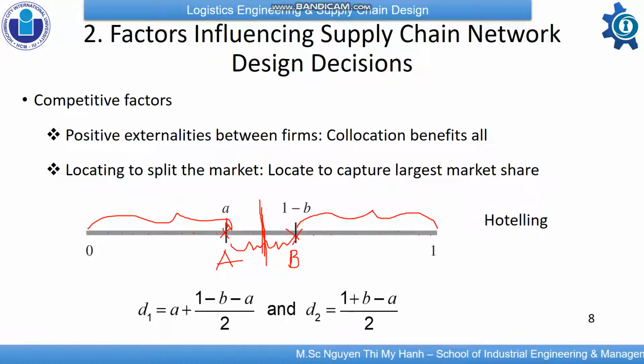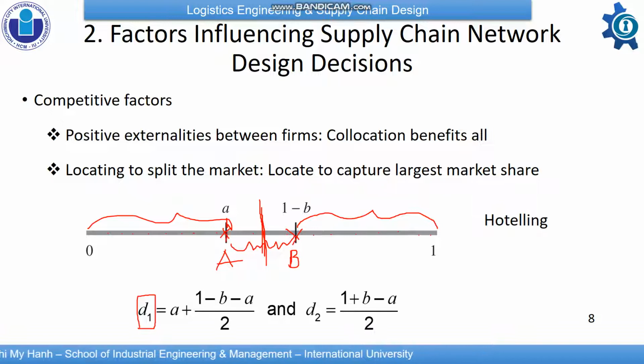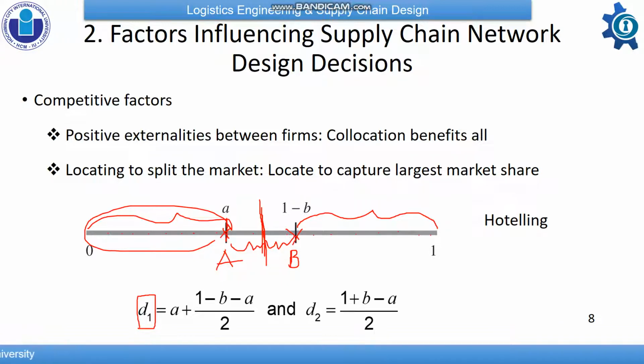and the total demand of company A is equal to this area A, plus half of this area, that is (1 minus B minus A) divided by 2.